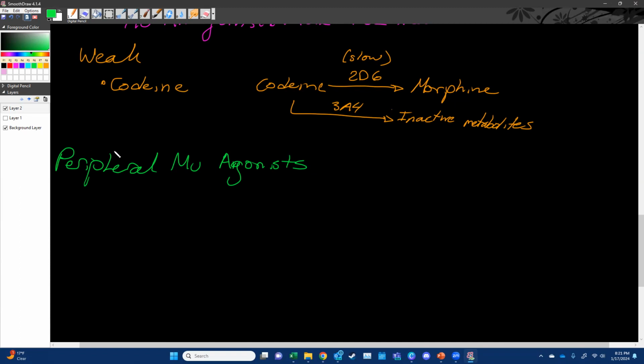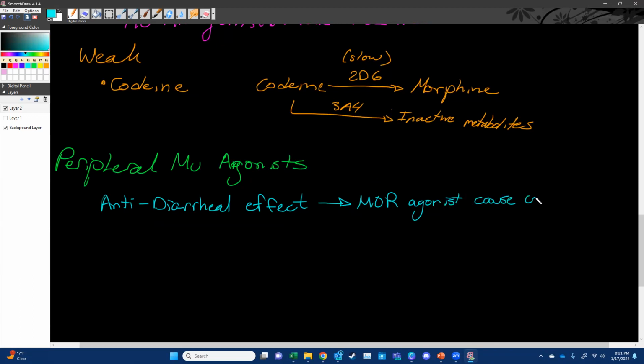So in terms of our peripheral mu agonists, what we are using them for is the anti-diarrheal effect. So we're trying to take advantage of the fact that the mu agonists cause constipation.